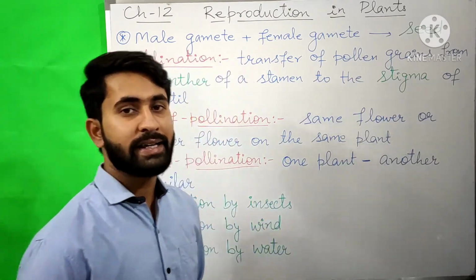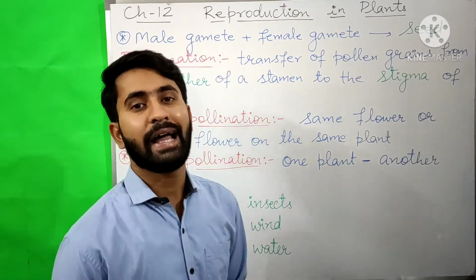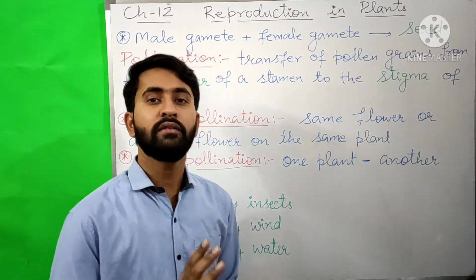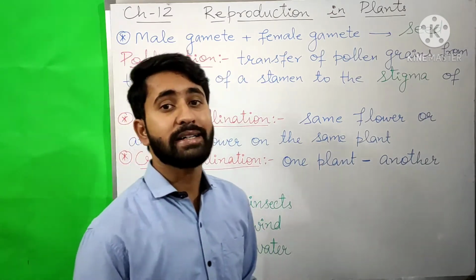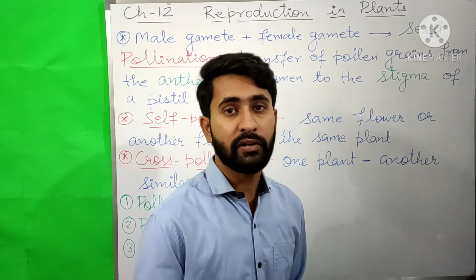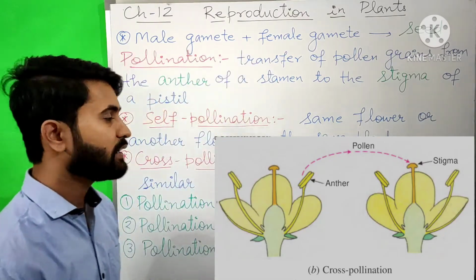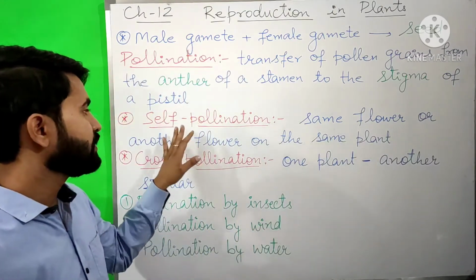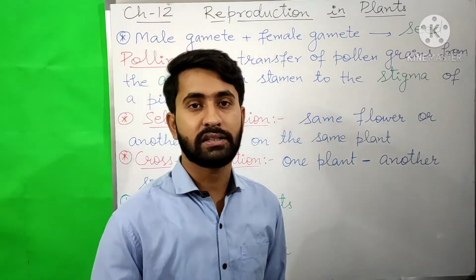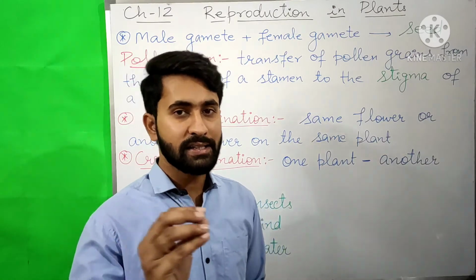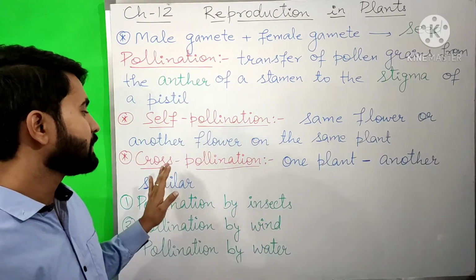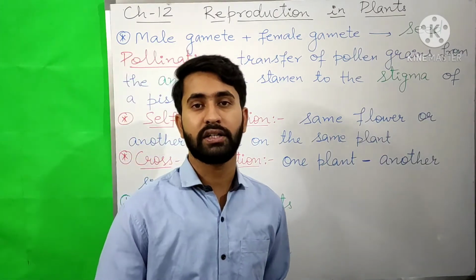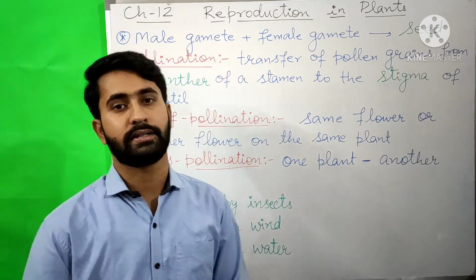When the pollen grains are transferred from the anther of a flower on one plant to the stigma of a flower on another plant, it is known as cross-pollination. So in self-pollination, the pollination occurs in the same flower or in the same plant, whereas in cross-pollination, the pollination occurs between two plants.